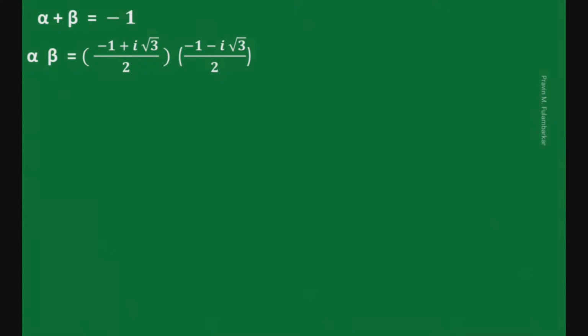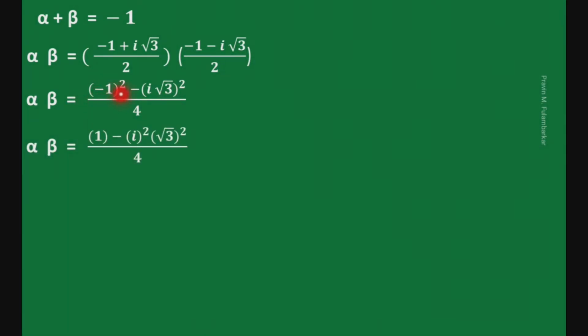That means in numerator we use the a square minus b square form. So in numerator we write minus 1 square minus I root 3 square. Here minus 1 square we get plus 1. We separate the square of I and the square of root 3, so we write I square as minus 1, root 3 square as 3.